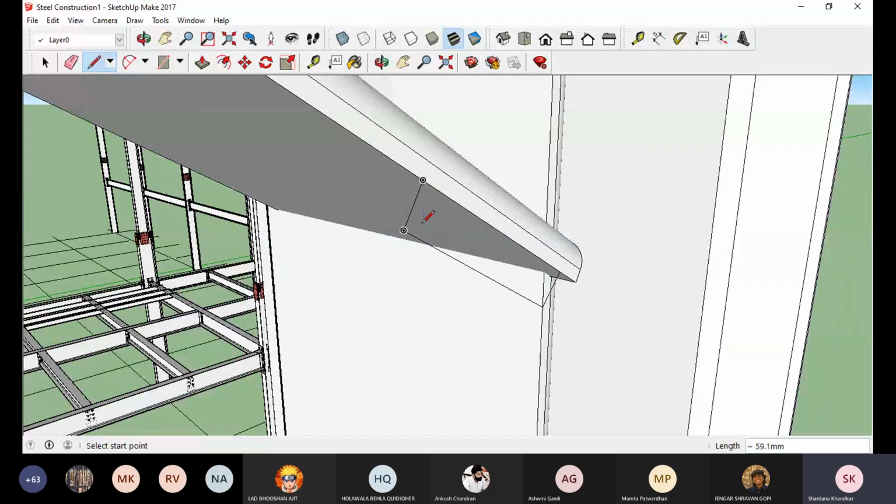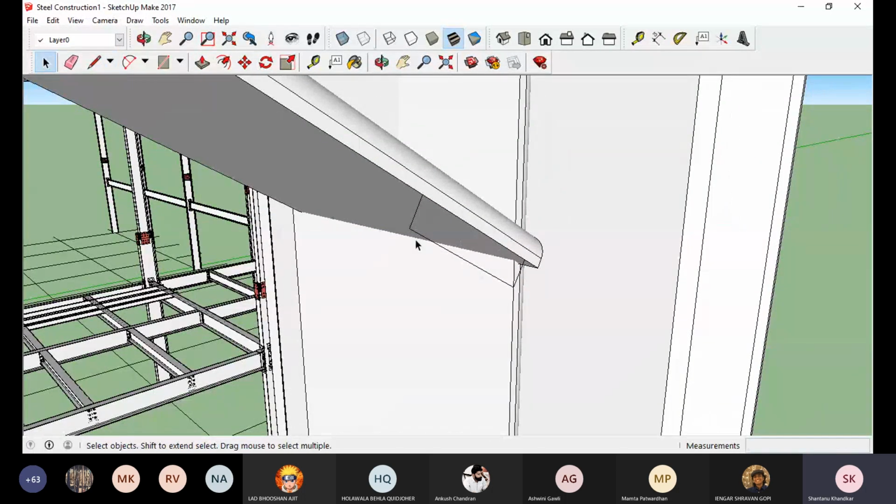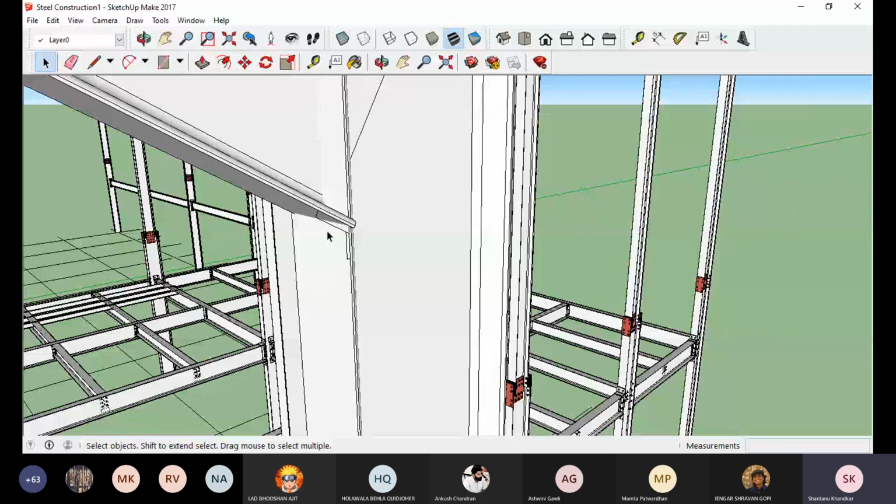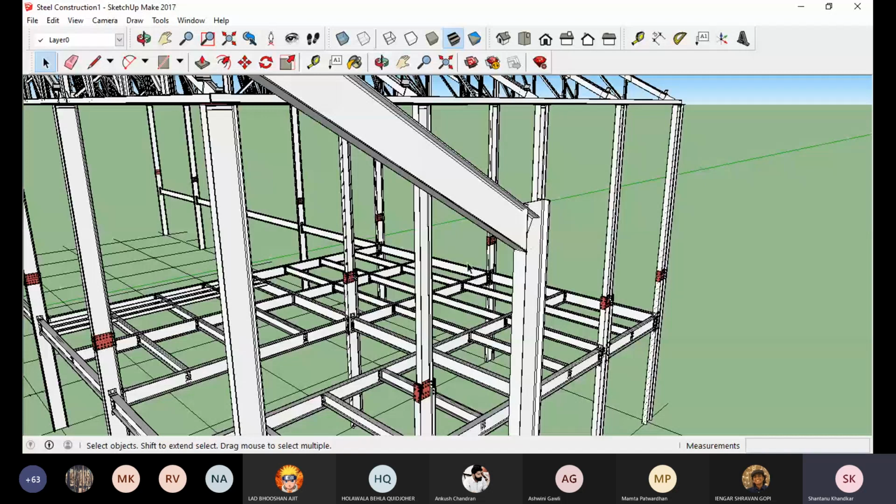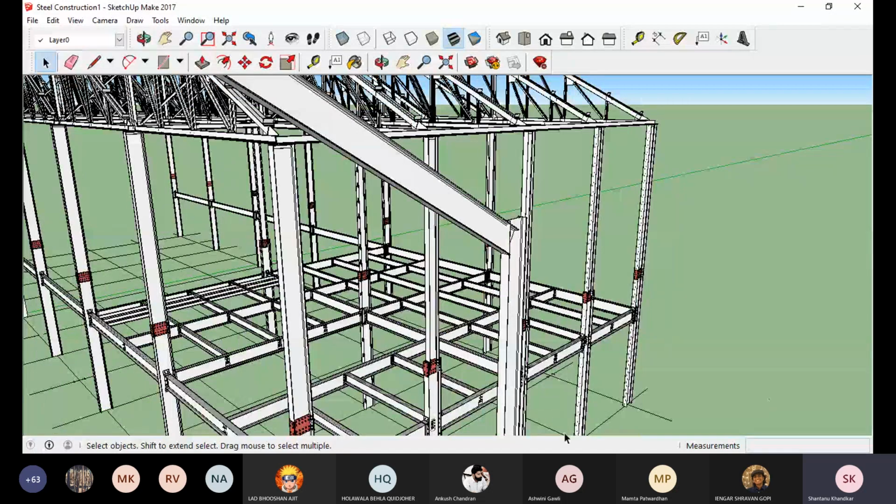I'm having some problems with this, but I hope you understand what I mean. Another plate would come this way, and you would build up that section. Built-up sections are obviously a thing, in which case you would have that kind of a thing that acts as a cleat for you, and then you would place this kind of angle like this. So that's how the non-orthogonal sections would work.